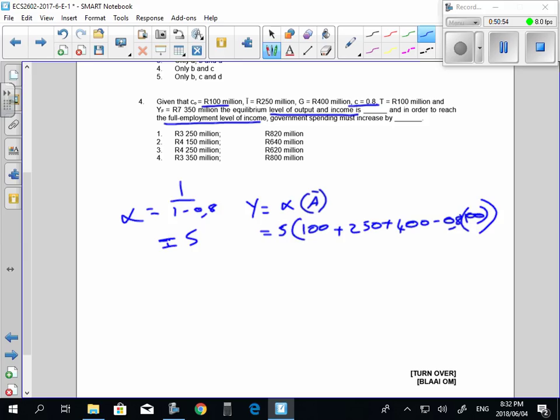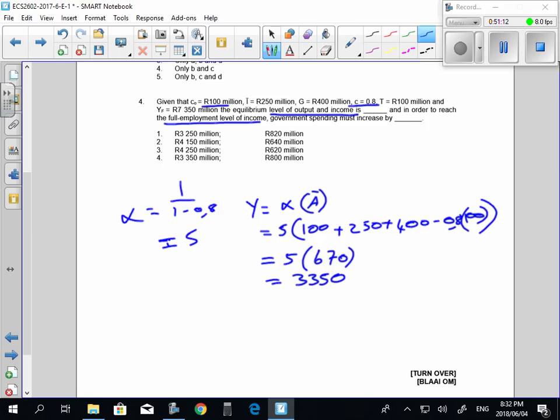All right? So if you solve that, 5 times 670, and you should get an answer of 3350. All right, so that's your current level of output and income.